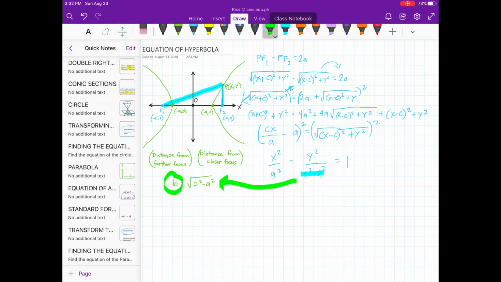Now here we can substitute b squared for this term. We will get this equation. So we see that if a point is on the hyperbola, then its coordinates will satisfy this equation.